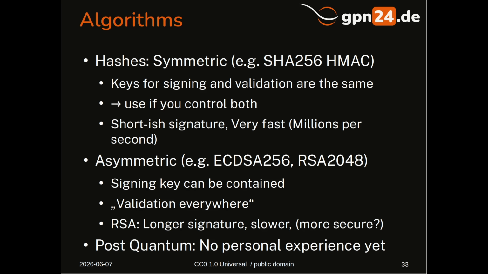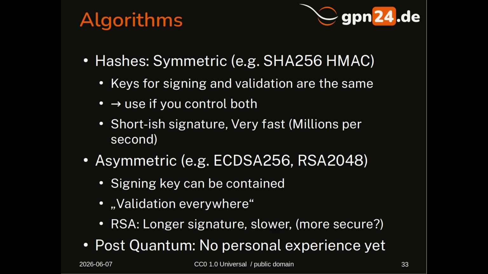But this also means that the verifier can always also make signatures, right? Because it's symmetric. So from a security standpoint, only use this if you have both these components under your control. That could be like if you have your Varnish cache and your application, the application makes signatures and the Varnish cache verifies them, and you have both in a setup that you control.